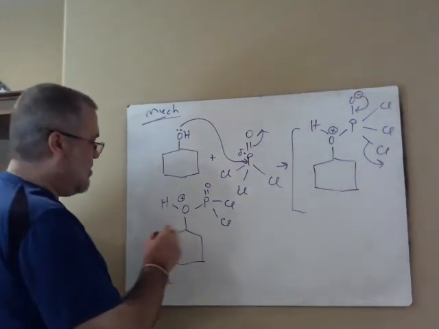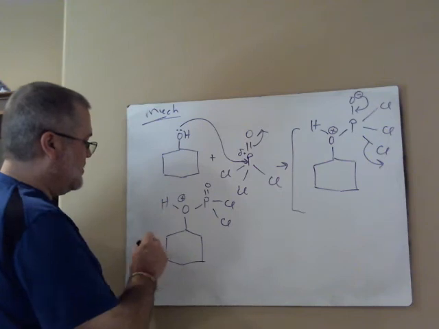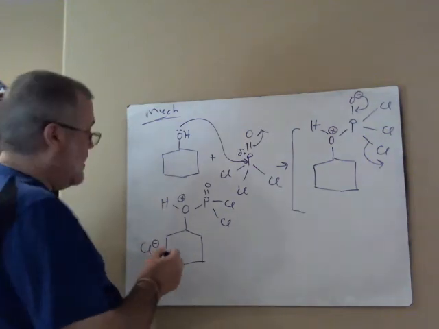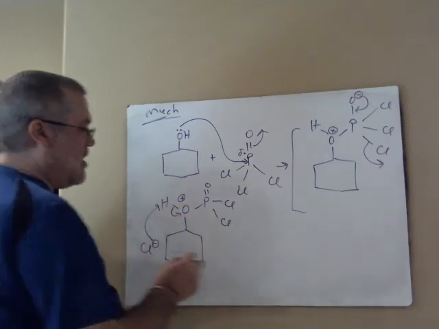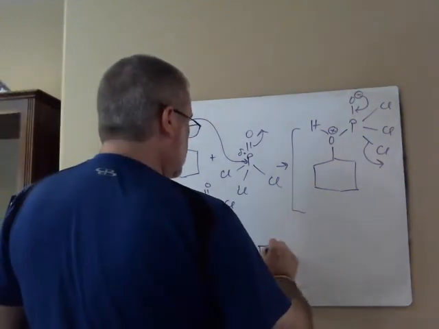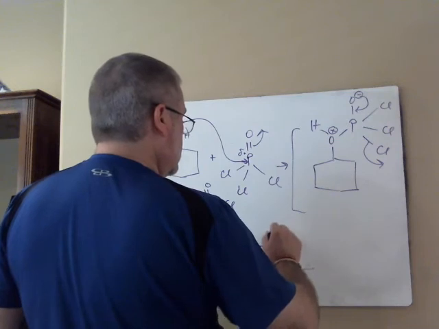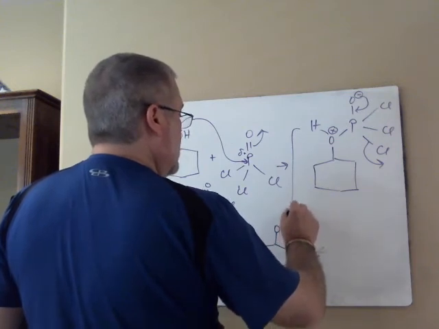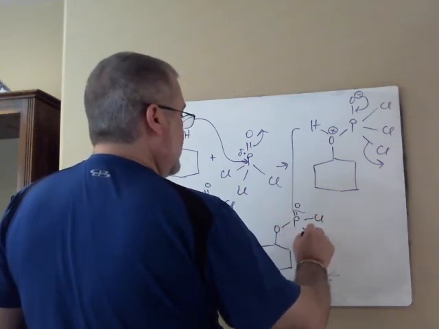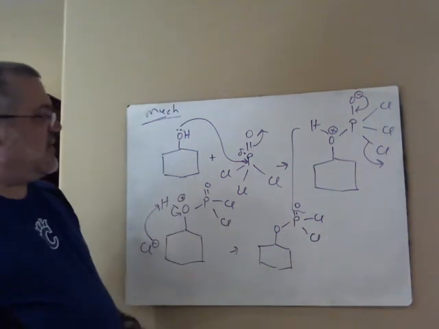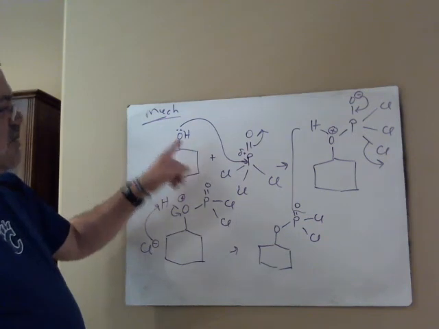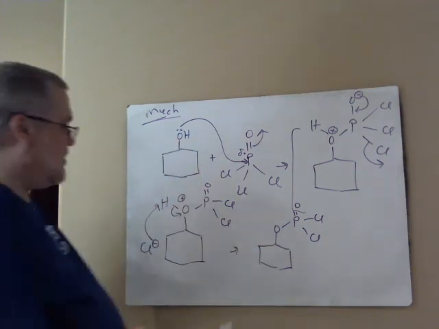I have a Cl minus that has come off. Okay, that can pull this proton off. Which gives me this intermediate. And so what I've basically done is turned this OH group into something that's a really good leaving group.